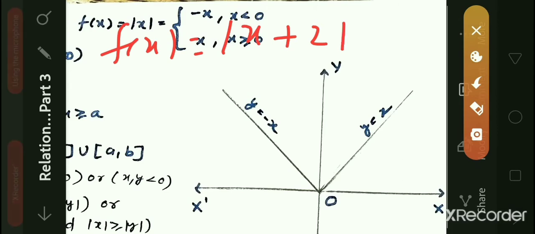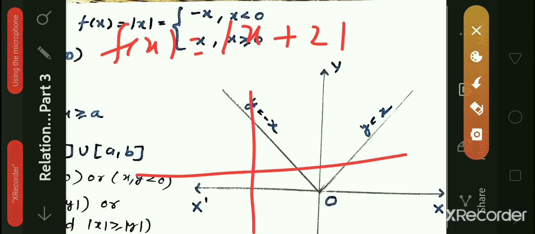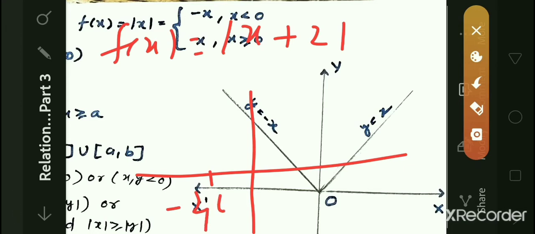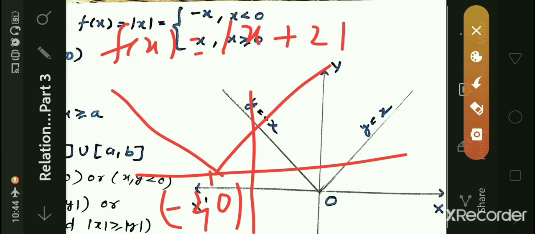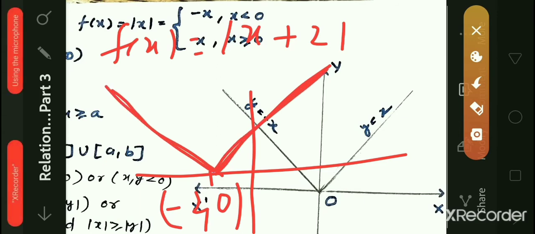How can you plot the graph? Just take (-2, 0), because x + 2 = 0 implies x = -2. Now (-2, 0) will be the point where this line strikes the x-axis. Now plot like this. This is the graph of |x + 2|.